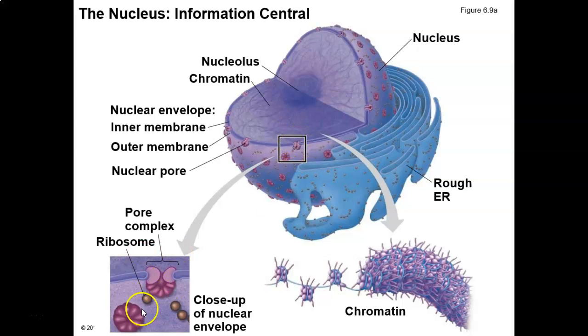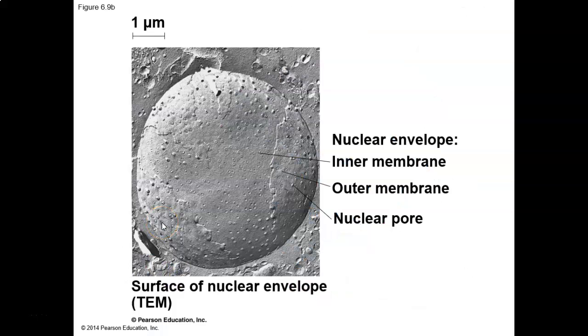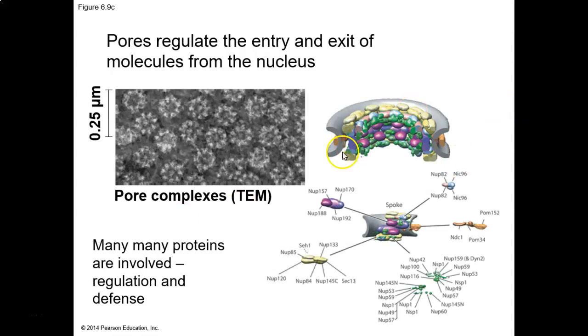You can think about it right now at this level as just a hole that things can come into and out of. But like you're going to learn in this class and in your future biology classes, everything is actually much more complicated than what we first tell you. The nuclear pore is made up of hundreds of different proteins, and it's actually a highly regulated process. This is really important for some defense mechanisms to keep certain viruses from being able to replicate.